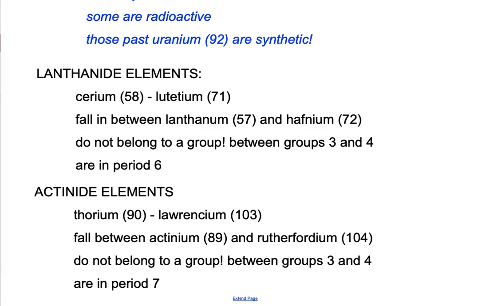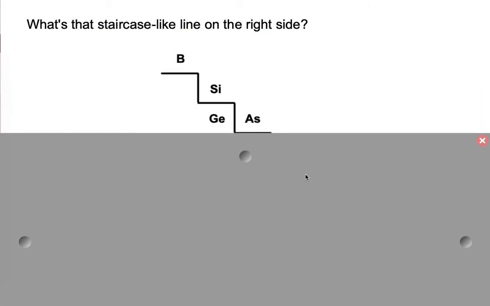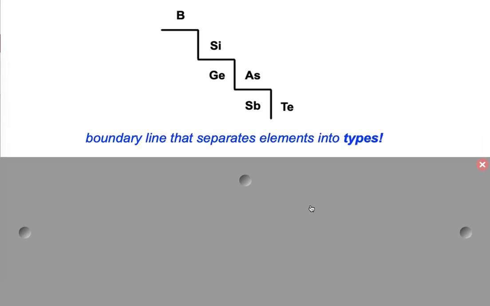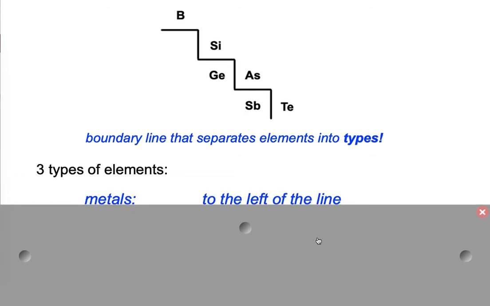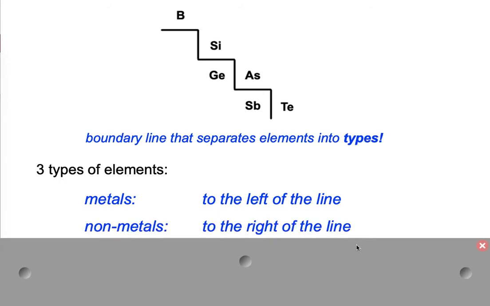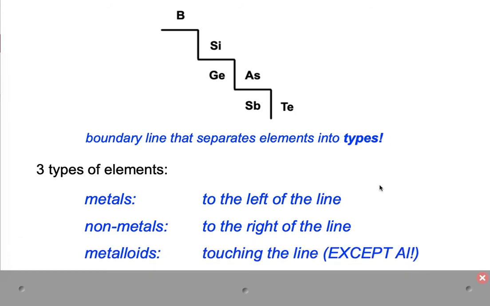Now, you may have noticed in the upper right-hand corner of the periodic table, there's a funny sort of staircase-like line. Okay? That actually is a boundary that separates the elements in the periodic table into 3 types or categories. These are metals, which are generally to the left of the line, nonmetals to the right of the line, and the 6 elements listed above are metalloids, which are those that are touching the line, with the exception of aluminum.